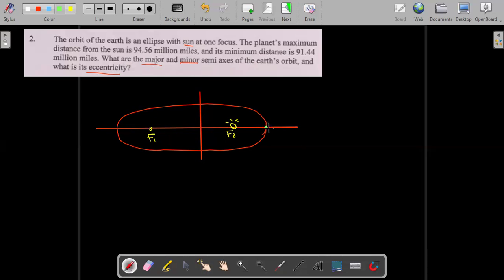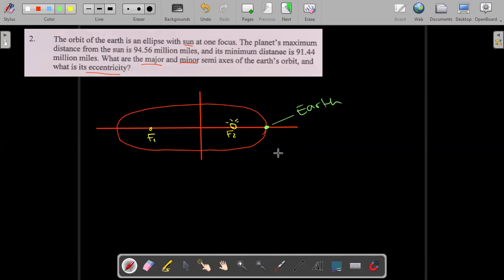Remember, this does not mean that the Earth is stationary here; it continues to move along this orbit. I don't know if it moves clockwise or anti-clockwise, but whatever, it will be moving along this path, which is the ellipse. This green here indicates our Earth.